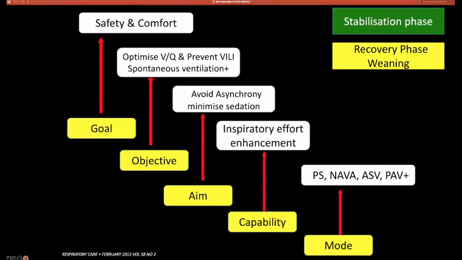One thing, kindly remember, don't feel that all these modes are different. All these modes are based on pressure support. NAVA is based on pressure support, adaptive support ventilation, the delivery method is pressure support, proportional assist is pressure support. Except NAVA and proportional assist ventilation, no other mode is physiologically better.